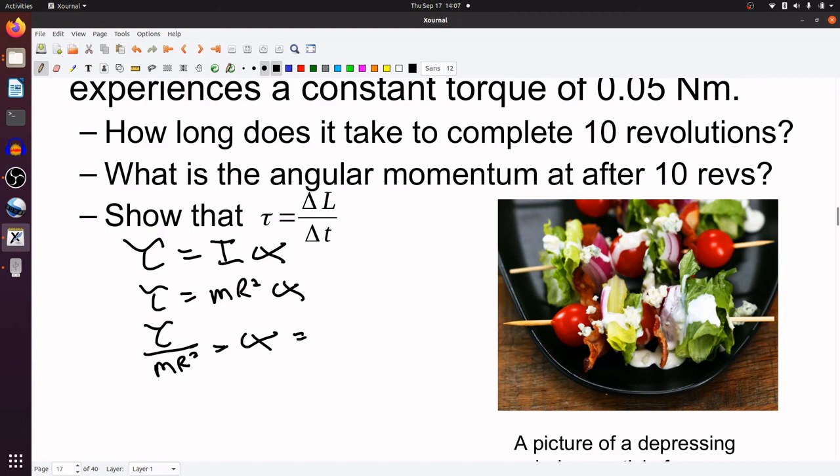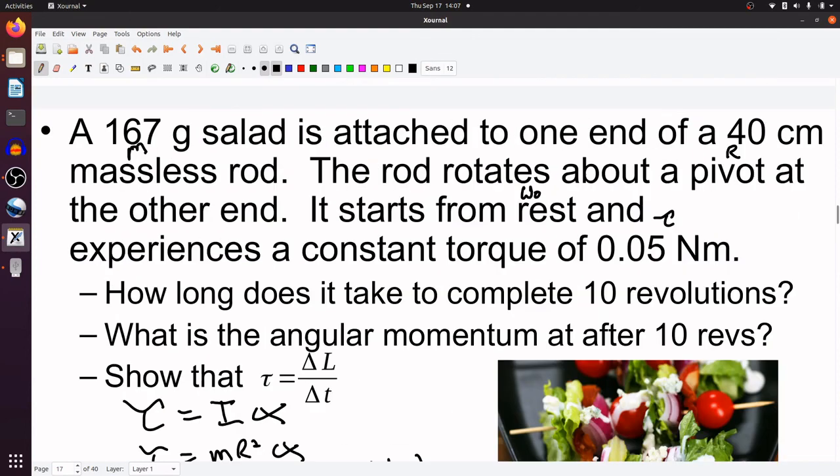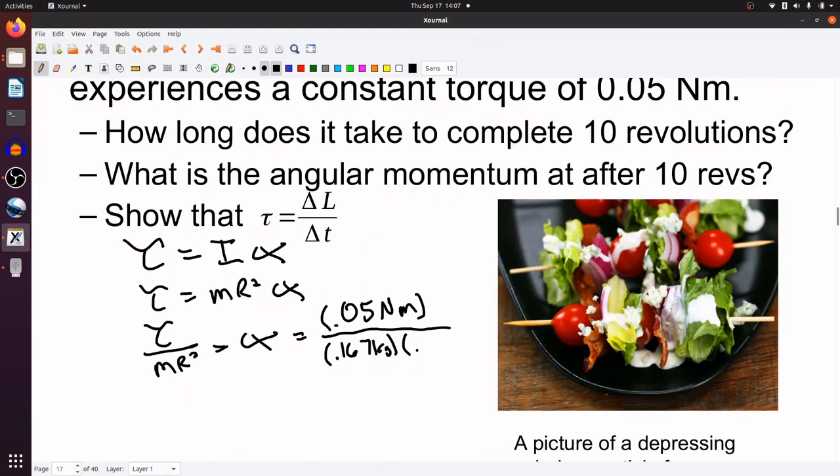So let's do that. This will be 0.05 Newton meters. The mass is 0.167 kilograms. The radius, I think, was 40 centimeters. It was. So 0.4 meters squared.